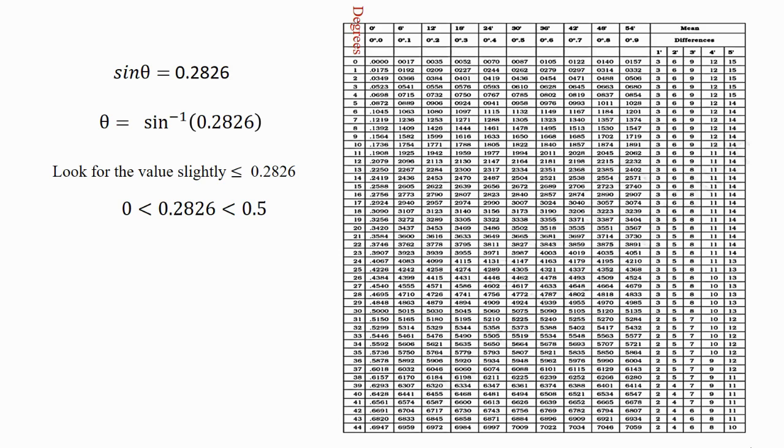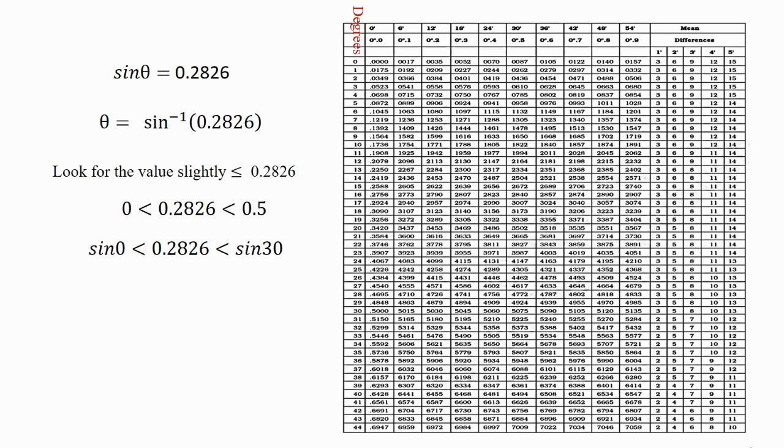Here you can see, student, the given value 0.2826 is greater than 0 and less than 0.5. Why do we choose 0 and 0.5? Because we know, student, that sine 0 is 0 and sine 30 is 0.5. This value is known to us, and that's why I choose this value.